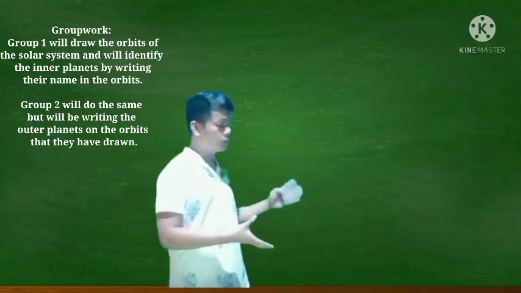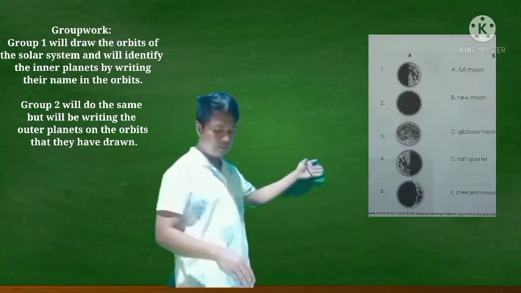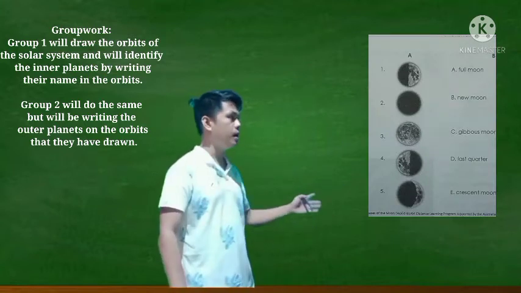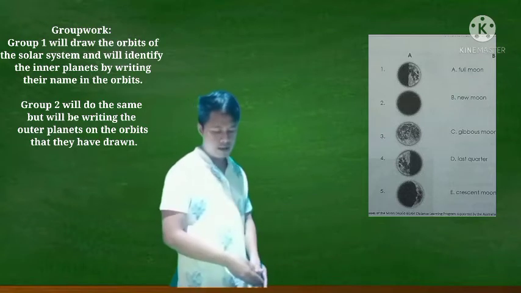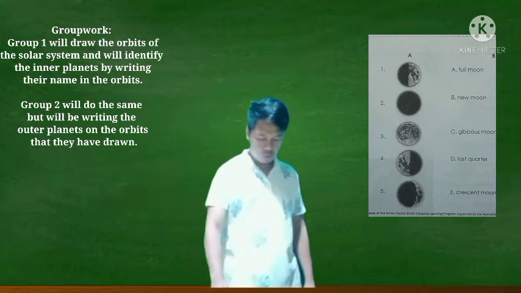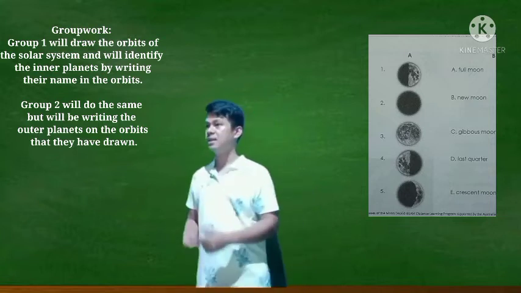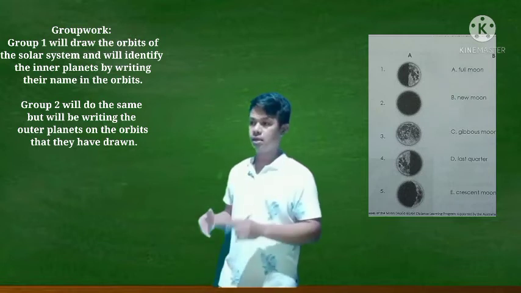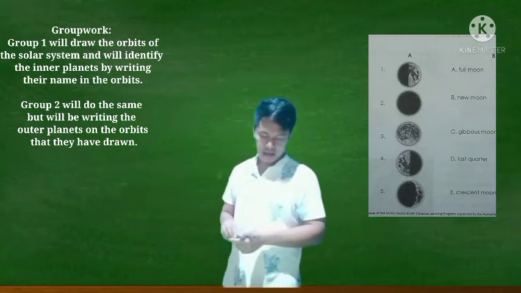So you are going to match column A with column B by drawing a line based on what you have presented a while ago. And for now, let's get back to grade 5. Alright, grade 5, how are you doing? So for now, I want you to present the result of your output.